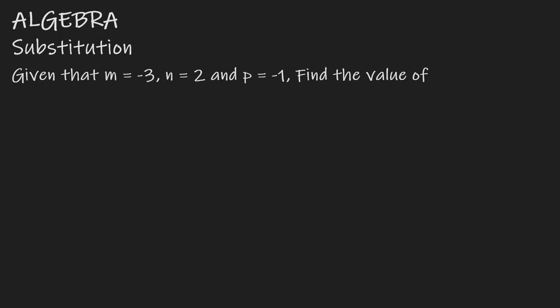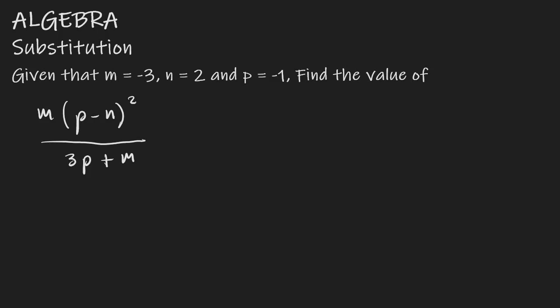Next example. Given that m is equal to -3, n is equal to 2, and p is equal to -1, find the value of m times p minus n all squared over 3p plus m. Well, my first step is to substitute the numbers for the algebraic symbols in the algebraic expression.